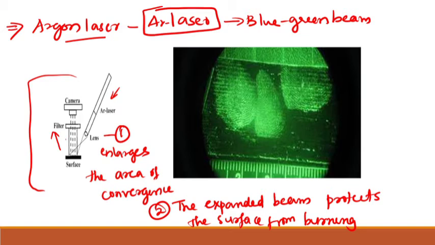After the fingerprint is identified, it is photographed through the same filter. The identification as well as the photography is carried out in a dark room.